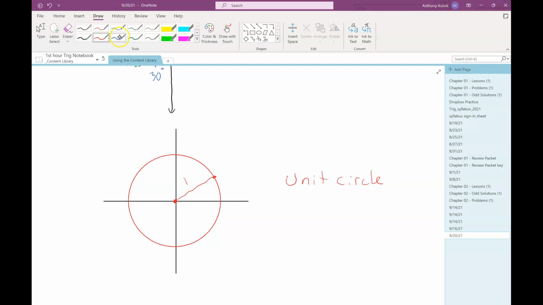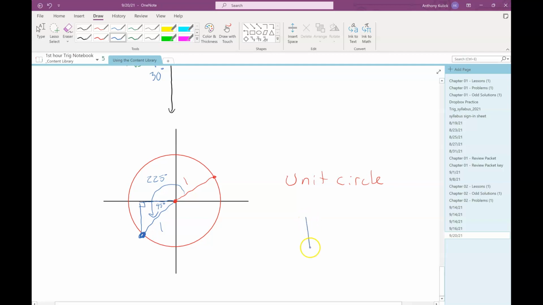So for example, let's say that we're talking about this point here. So that point would be the angle 225. Is everybody okay with that?